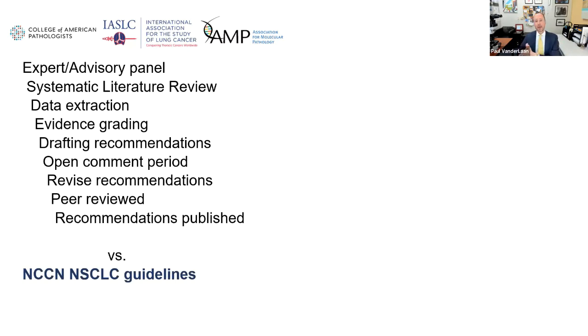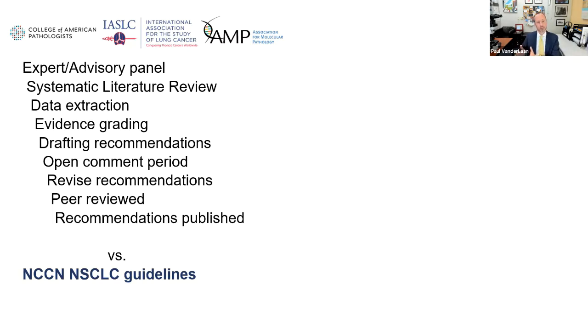If you're not already attuned to the NCCN guidelines, the National Comprehensive Cancer Network is made up of 31 cancer centers in the United States that have come together to put forth guidelines on the management of multiple different diseases.